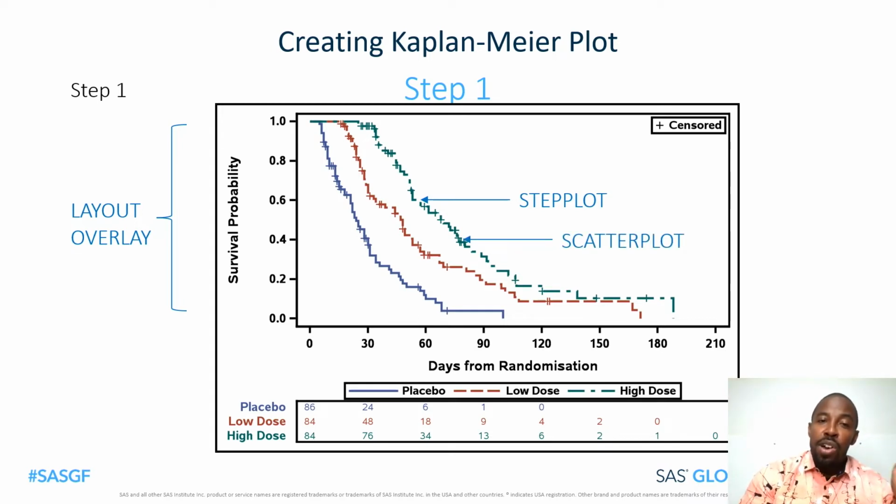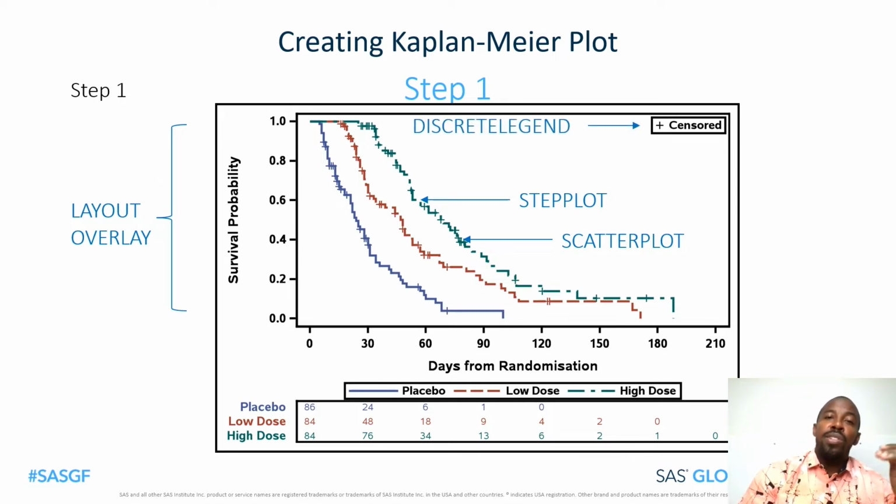If you look closely at the KM curves, you can see markers that have a plus symbol. These markers represent subjects with censored time points. In respect to overall survival, a censored value means a subject that is on treatment and hasn't died by the time the study finished. You can use the scatter statement to display the censored time points.